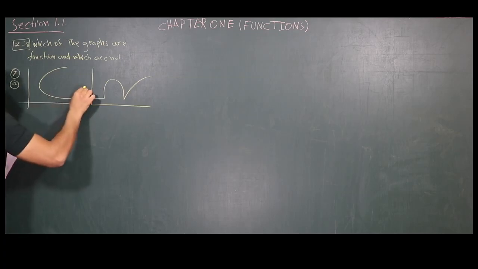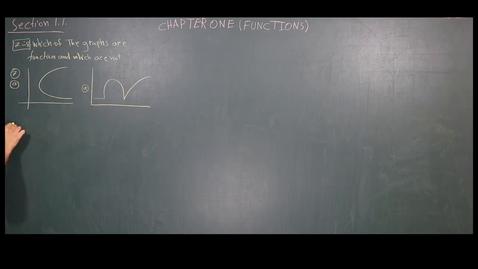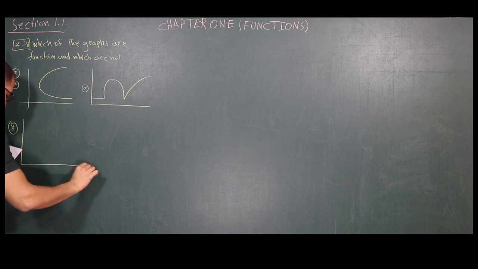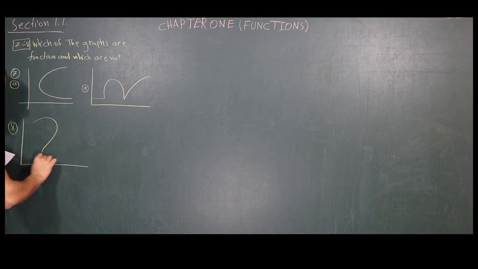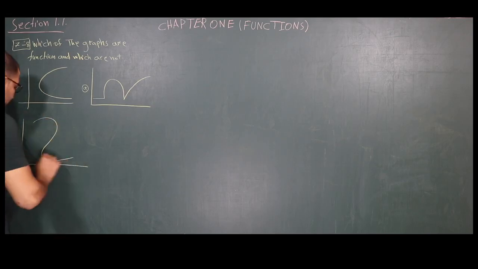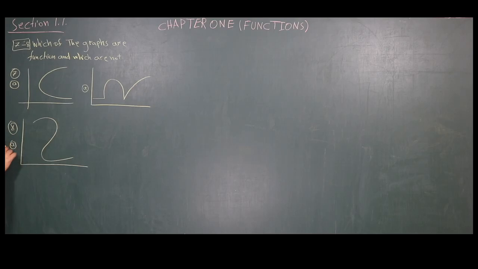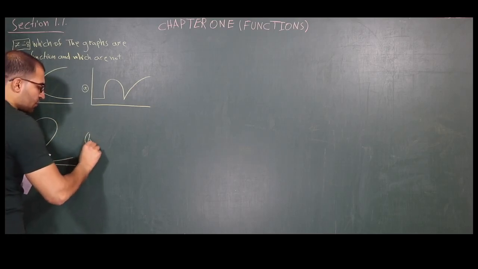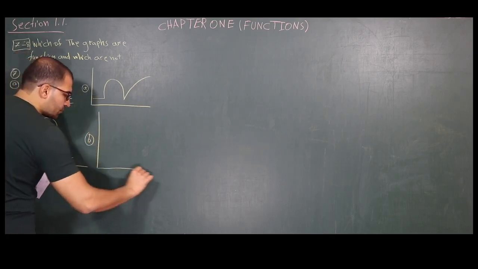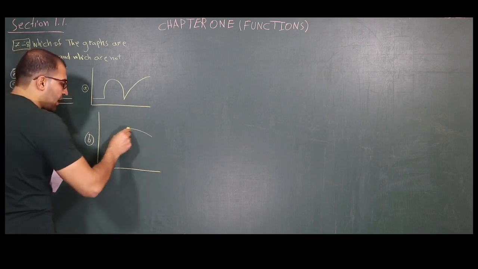This is A and this is B. Exercise number 8, we have this graph, and this is A, and we have the other graph which is B. We have an ellipse.